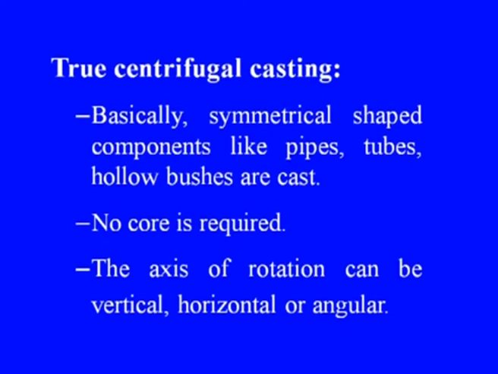The axis of rotation can be vertical, horizontal or angular. The mold flask is rammed with sand as its outer contour. To get shapes at the ends, sand cores such as flange shapes are placed.